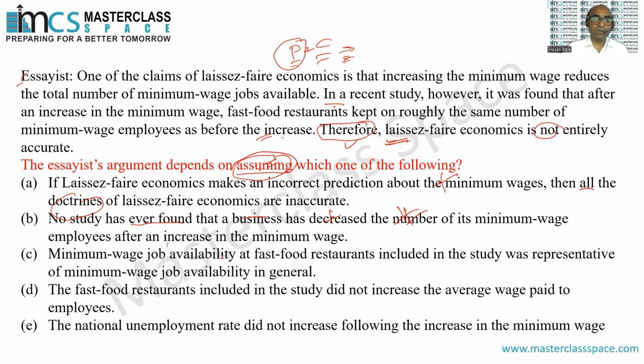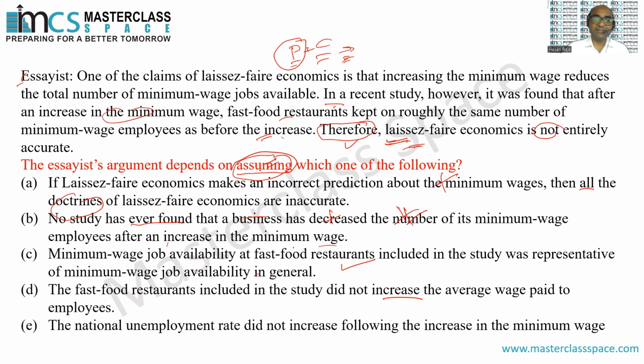C: Minimum wage job availability at fast food restaurants included in this study was representative of minimum wage job availability in general. All right. So that is talking about the fast food restaurant, and then job, same. D: The fast food restaurants included in the study did not increase the average wage paid to employees. The premise says that after an increase in the wage, the fast food restaurants kept roughly the same number.